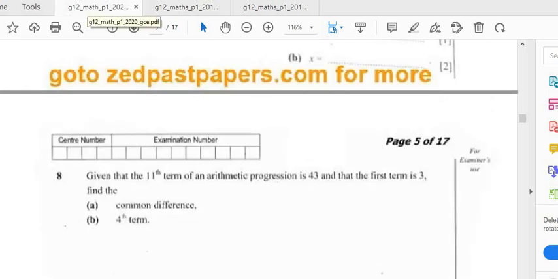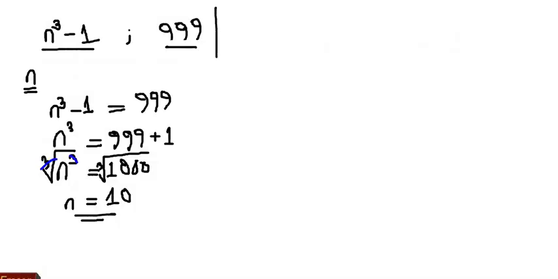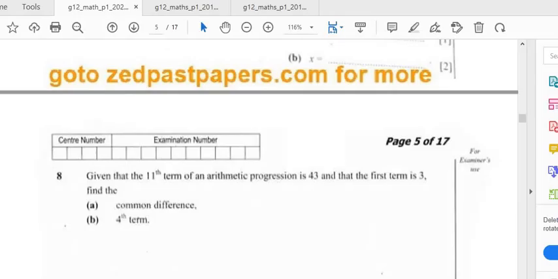We can look at another example which says, given that the 11th term of an arithmetic progression is 43 and that the first term is 3, find the common difference and then find the 4th term. So for this sequence, we are told that the first term, which means a, is 3.